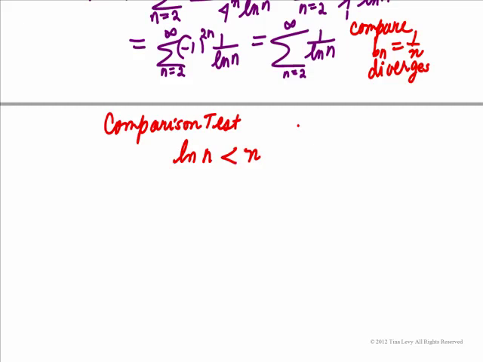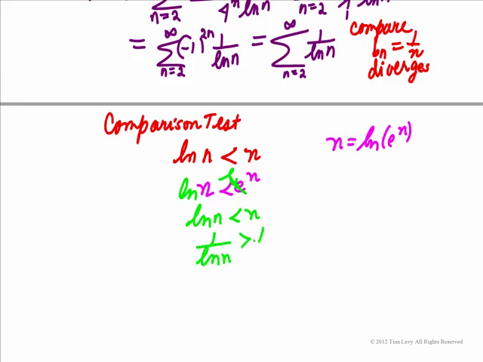Several ways of doing this. n can be written as log of e^n. And clearly then I can say that n is less than e^n. When I take the log of both sides, I get log n less than n, and taking reciprocals I get 1 over log n greater than 1 over n. Therefore I showed that a sub n is greater than or equal to b sub n for all n greater than 1. Because b sub n being 1 over n diverges, therefore it diverges.